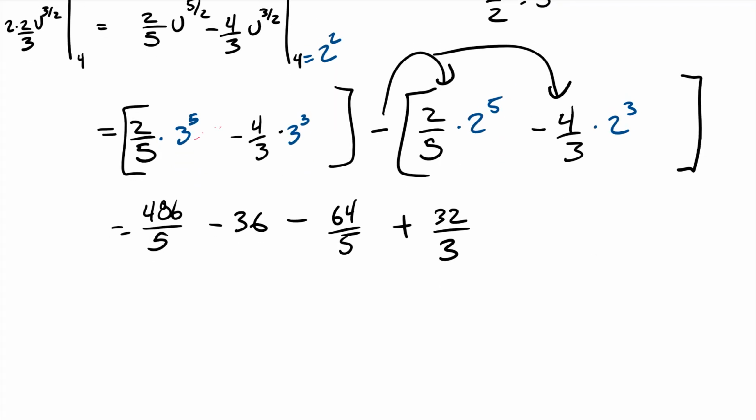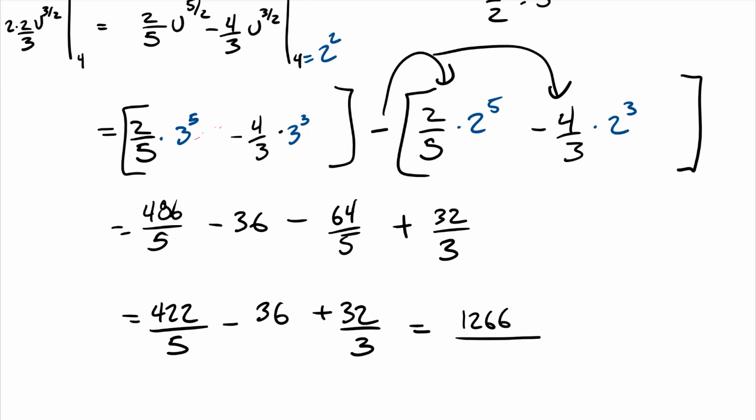All right, so now let's put everything together. 486 minus 64. We get 422 over 5, minus 36 plus 32 over 3. So now we need a common denominator. So 422 times 3 is equal to 1266, all over 15.